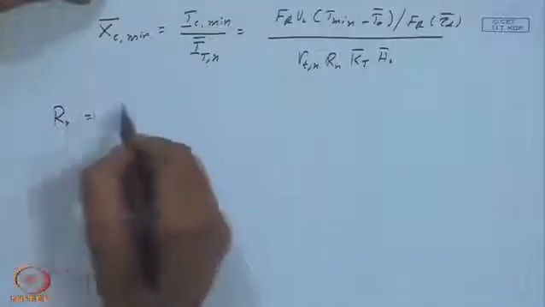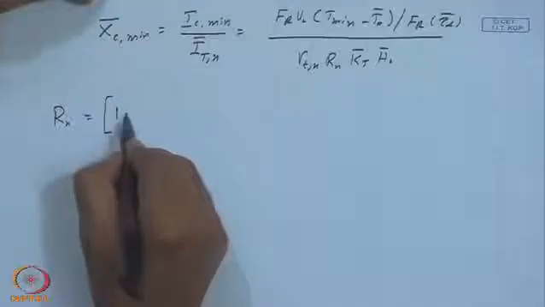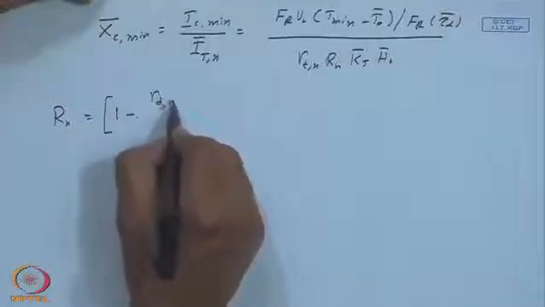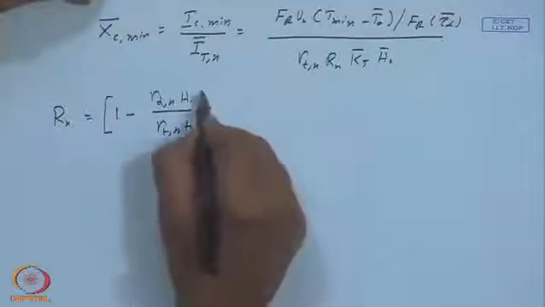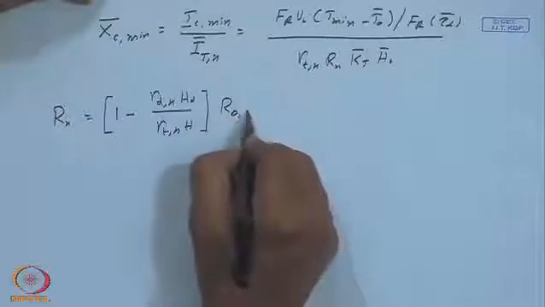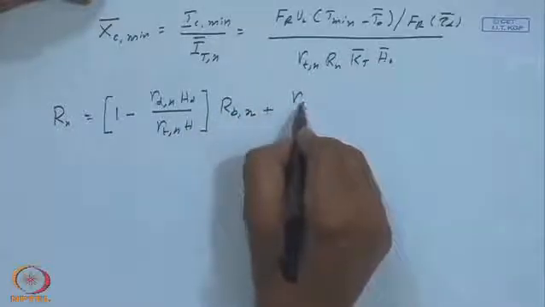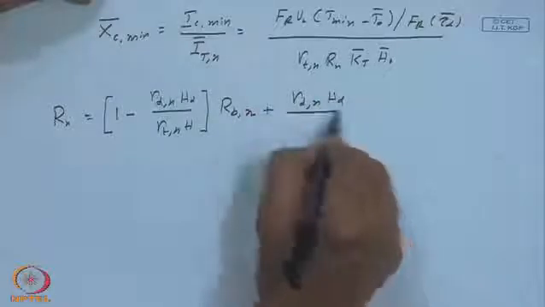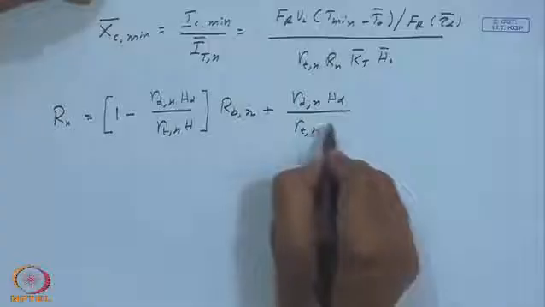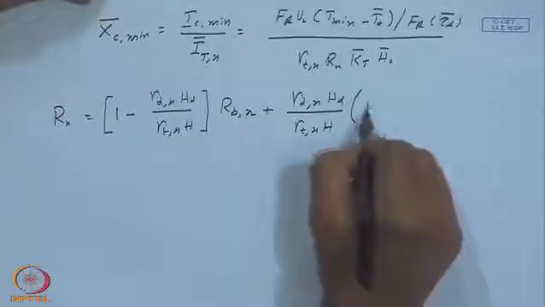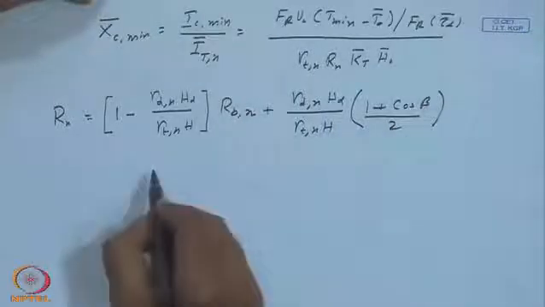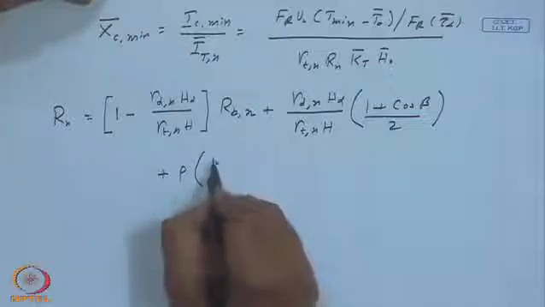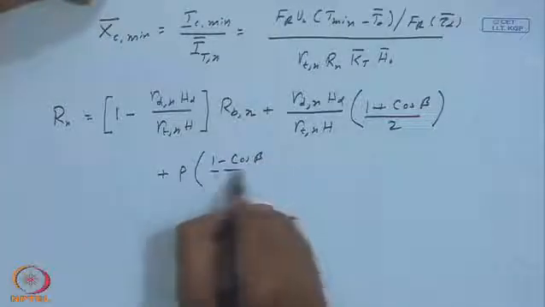Now, to be complete, for Rn once again we will use RT and Rn correlations: 1 minus Rdn upon Ht upon Rtn into H, Rb at the noon time plus Rd noon by Hd by Rtn H times 1 plus cos beta by 2 plus rho into 1 minus cos beta by 2.